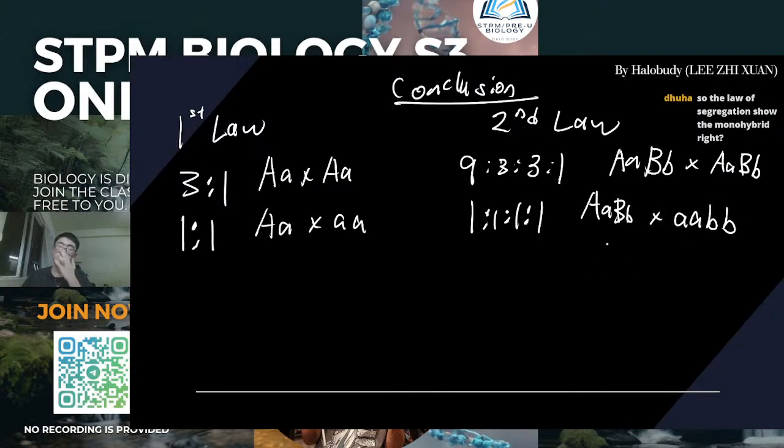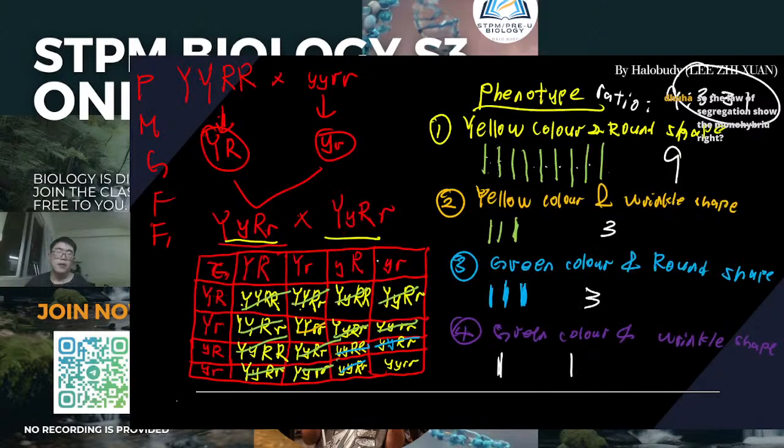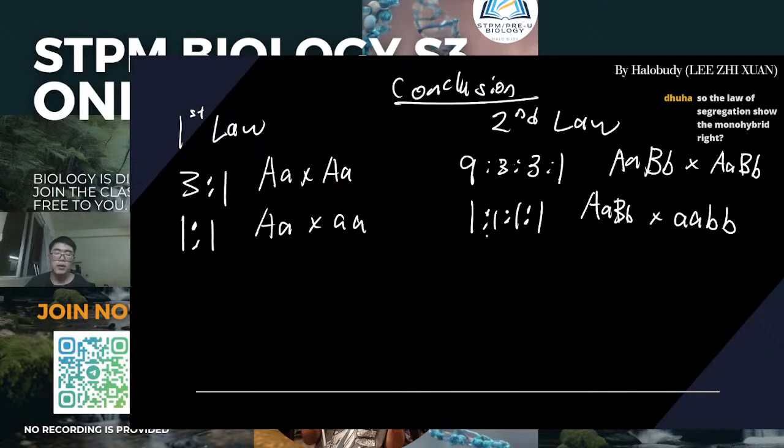When you do the cross of this, you will get the ratio 1:1:1. But this one I'm not sure. Actually it is the same as this, but you don't need to do the Punnett square. You can directly do it. So you will get the 1:1:1 ratio, meaning that there are four possibilities. This one you will get 9331.